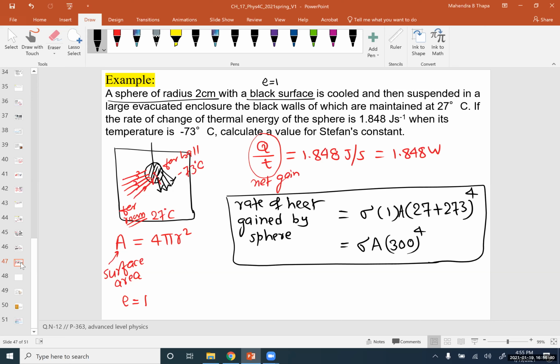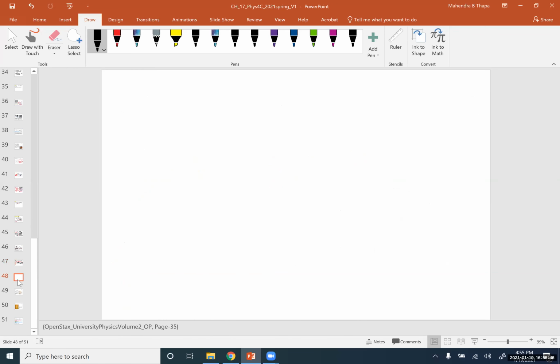You need to find again how much will be the rate of heat lost by the sphere. So this will be again Stefan-Boltzmann law, sigma, e is 1, area.